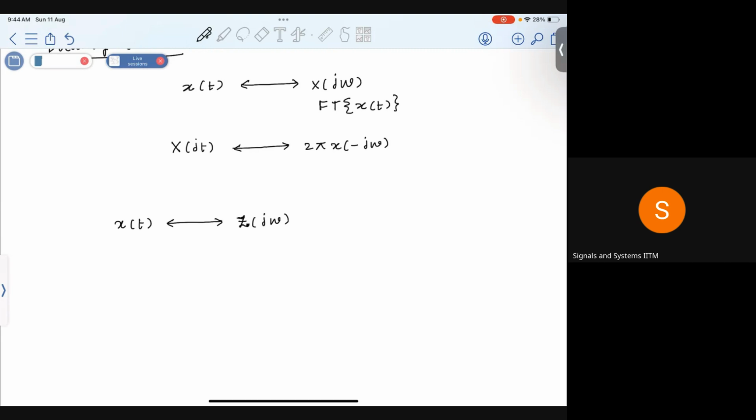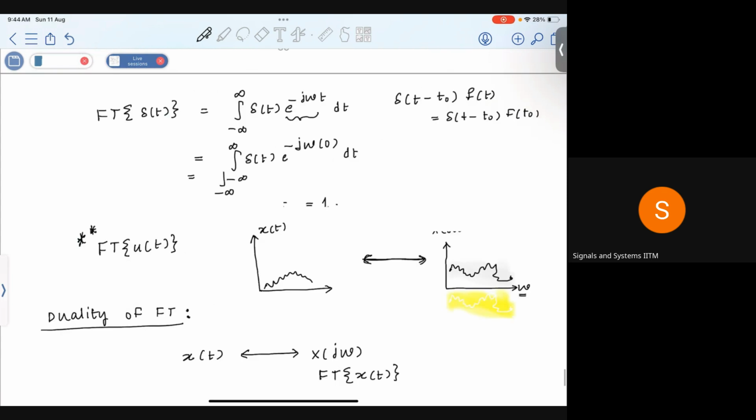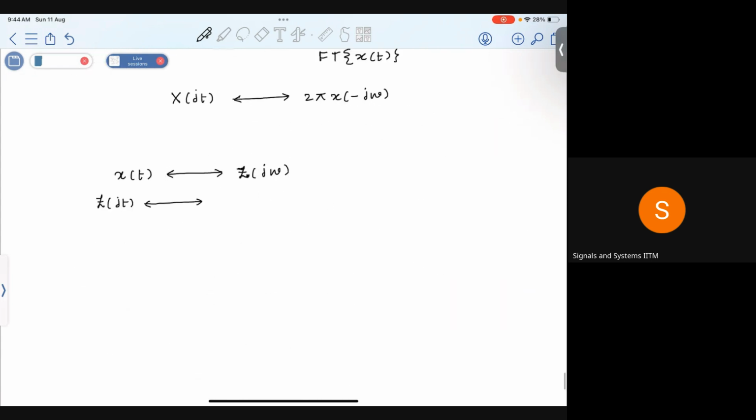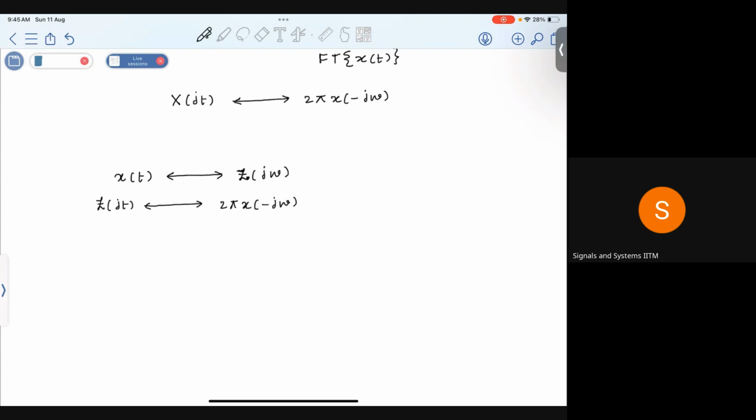So z is also another signal, right? When I take the z signal in the time axis, I'll also explain with an example. When I take this z signal in time axis, the Fourier representation of that signal is this.